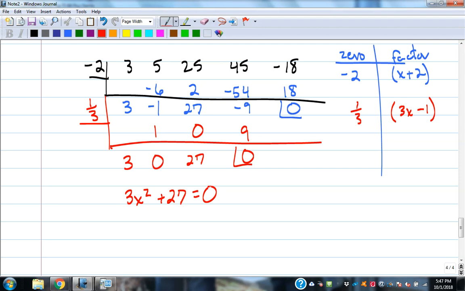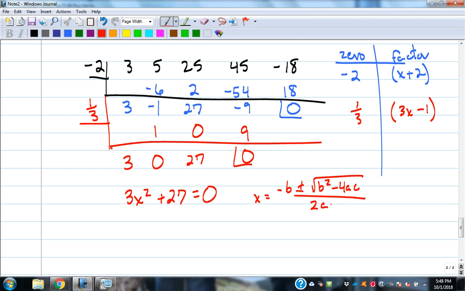Okay? I can solve that by square roots because it's quadratic, or I could use the quadratic formula. X equals negative b plus or minus square root of b squared minus 4ac divided by 2a. If I'm just looking for the zeros, then quadratic formula works great.